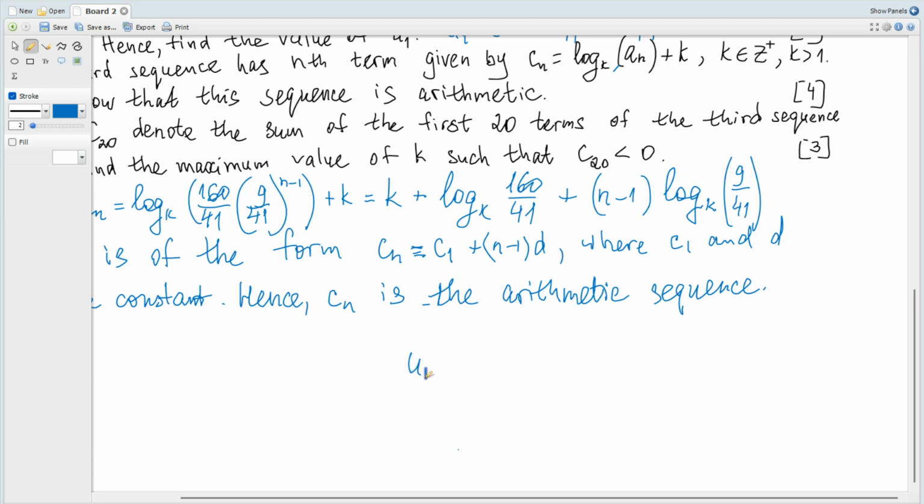It's the general form. The formula is given in a data booklet: u1 plus n minus 1 d. It's not necessary to be n minus 1. It may be of the form a plus bn.